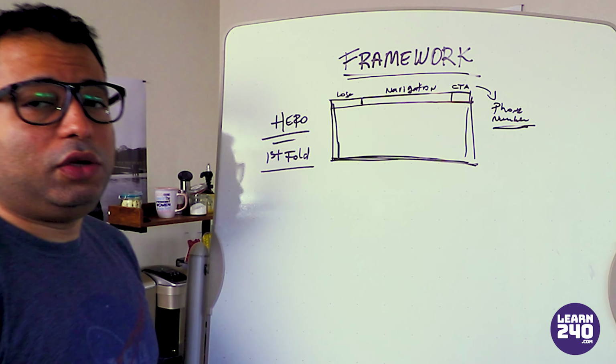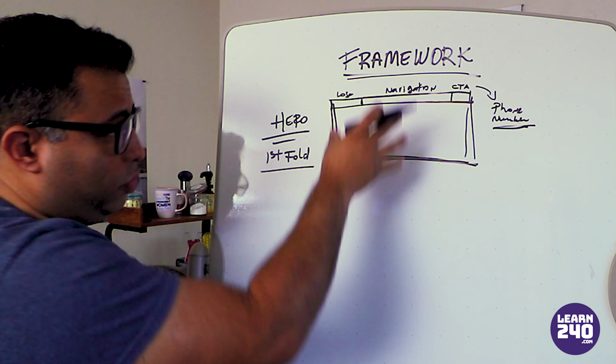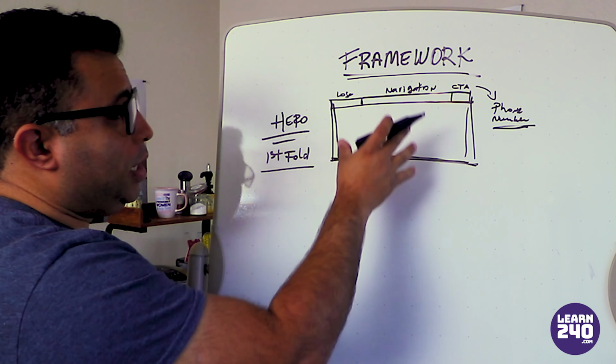If you want, you can also build your framework based on the elements inside each part of the framework. For example, I have my hero banner right here. What can I do? I can divide this part in two. I'm going to define that this is a picture, and this is going to be text.